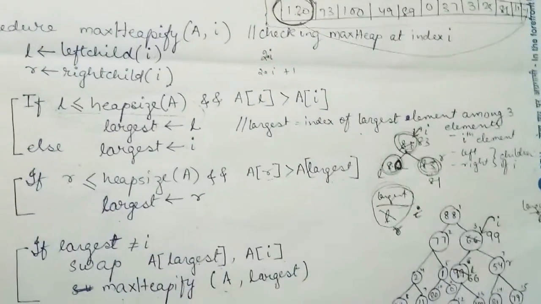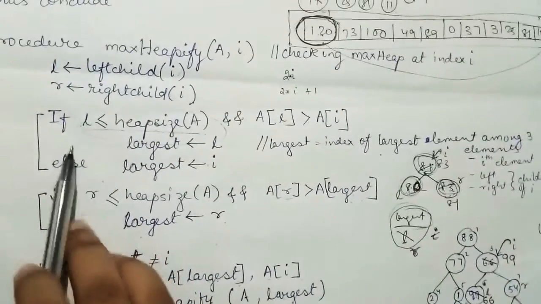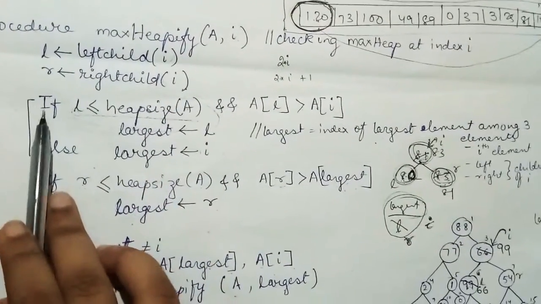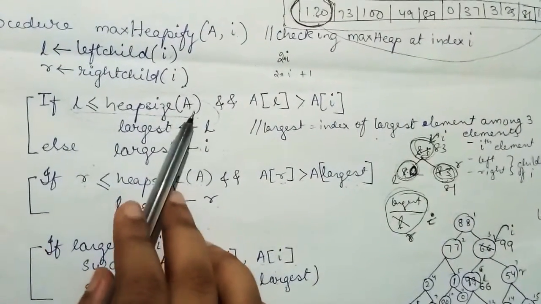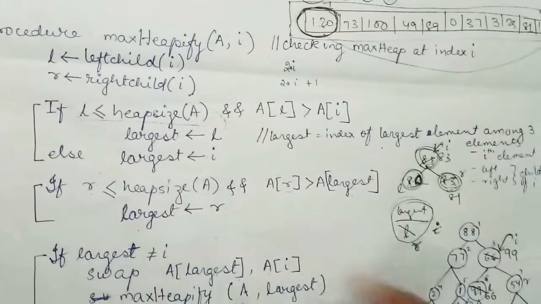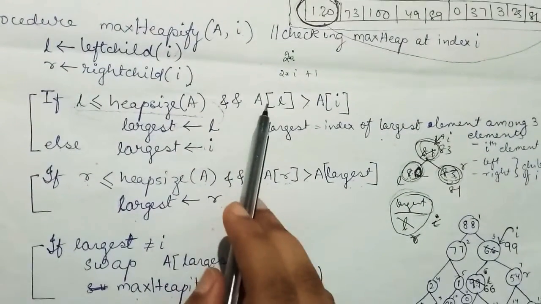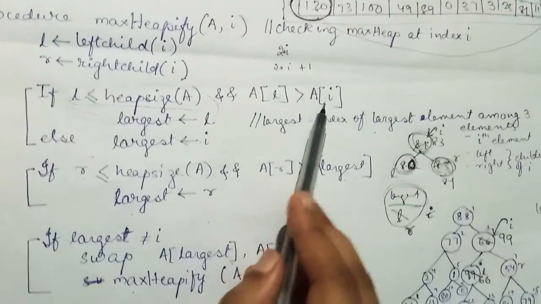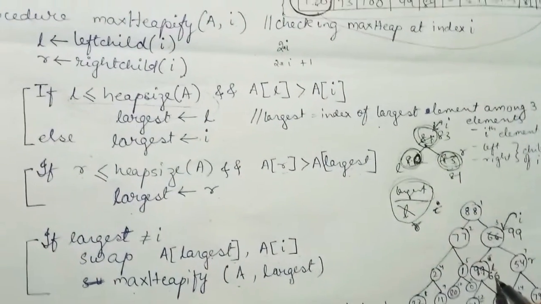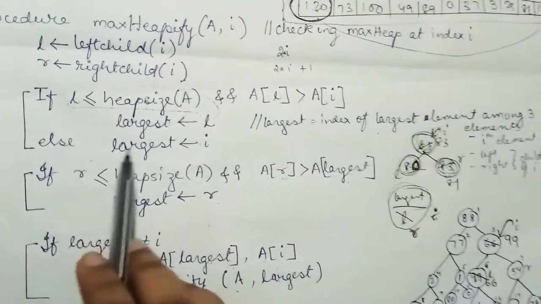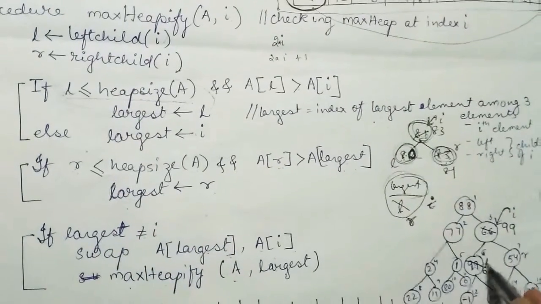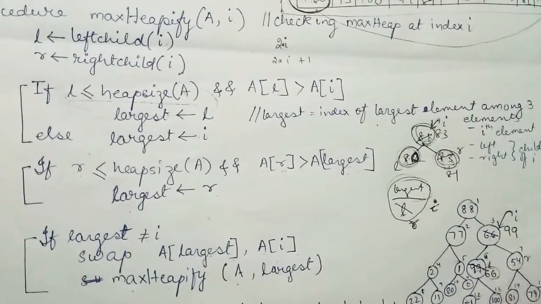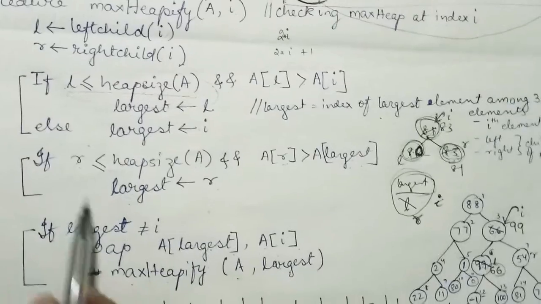Left child, right child, 12 and 13. Then if L is less than heap size, yes, 12 is less than 15, and A of L is greater than A of I. Minus 1 is greater than 66, no. So largest is I, means index 6 is again largest.